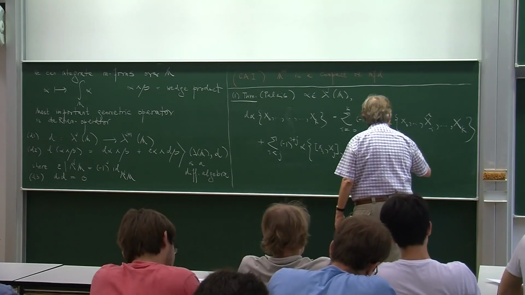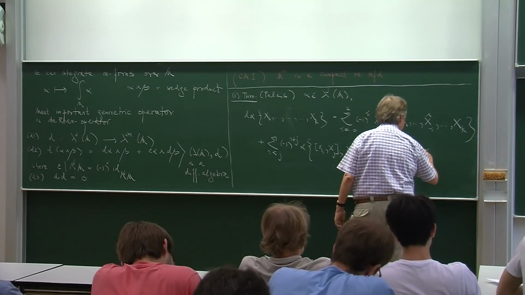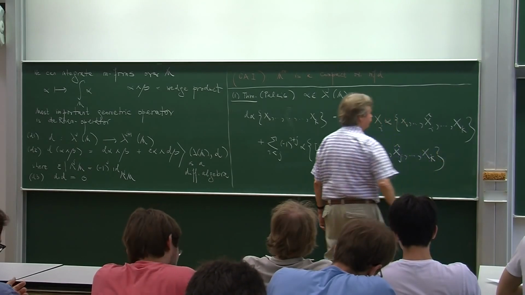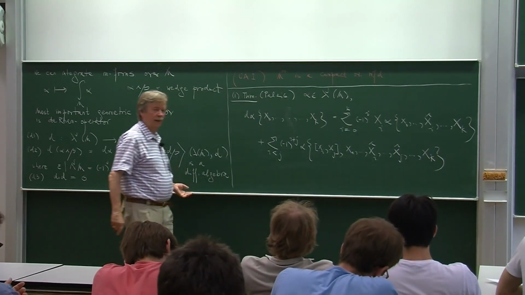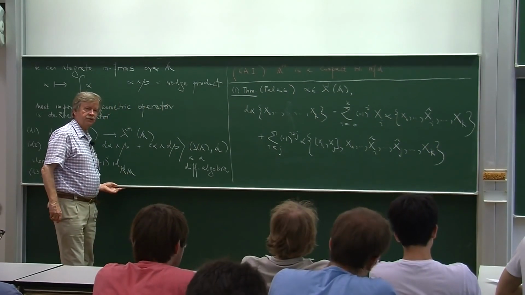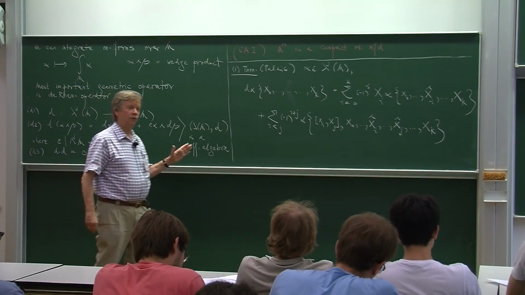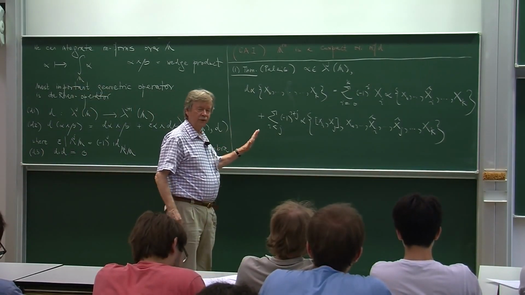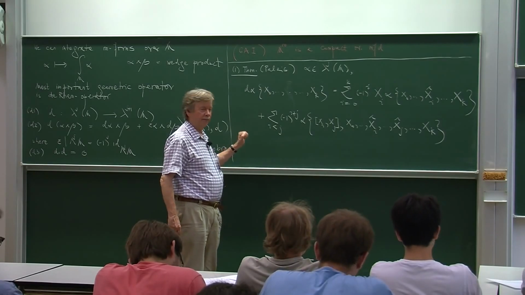Of course, now I have to leave out two vector fields. So this has the advantage to define the d once and for all. And then you derive the local representations. Okay?